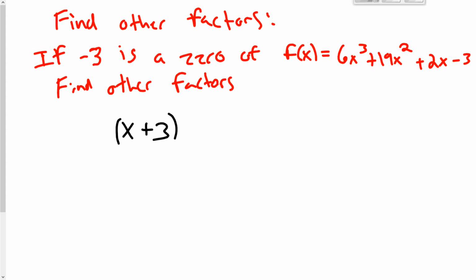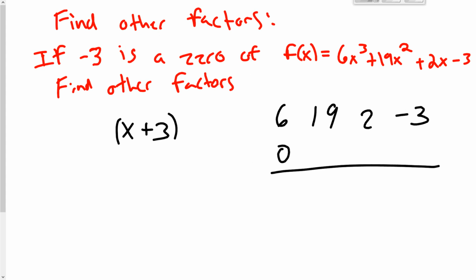Make sure all these terms are accounted for, which they are. My degree is 3, so I should have 4 terms, which I do. 0 in the second row there. Add those together. What we multiply by here is our zero, which is negative 3. We're going to run this through, and we know we're going to get 0 at the end. If you don't get 0, then check your math in here.